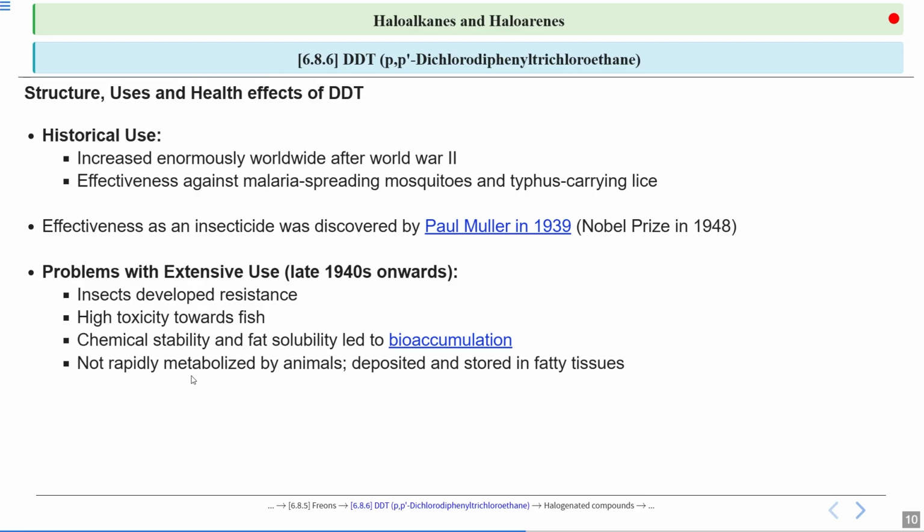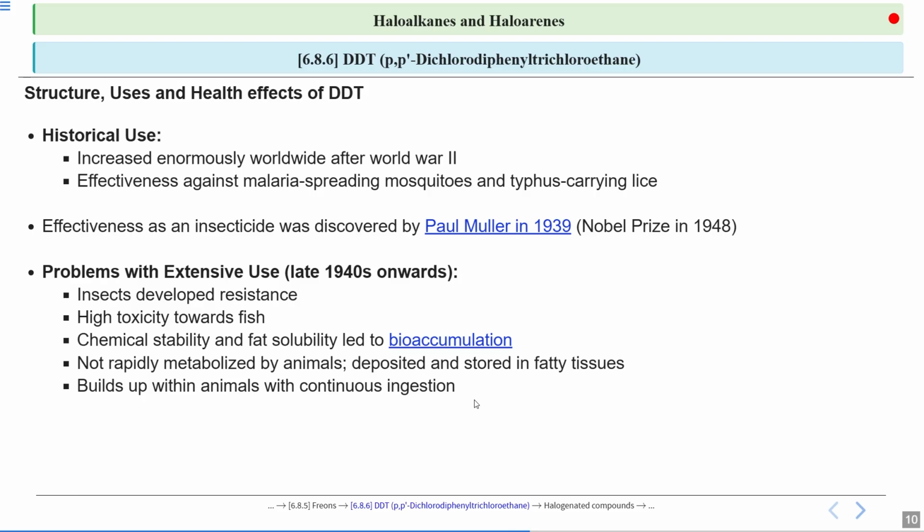We are talking about DDT. Since DDT was so chemically stable and fat soluble, it leads to bioaccumulation, which is why animals can't rapidly metabolize this DDT, and it is deposited and stored in their fatty tissues. It builds up within the animal with continuous ingestion.